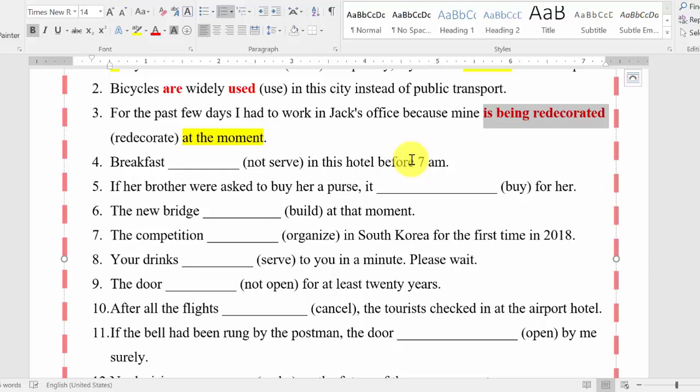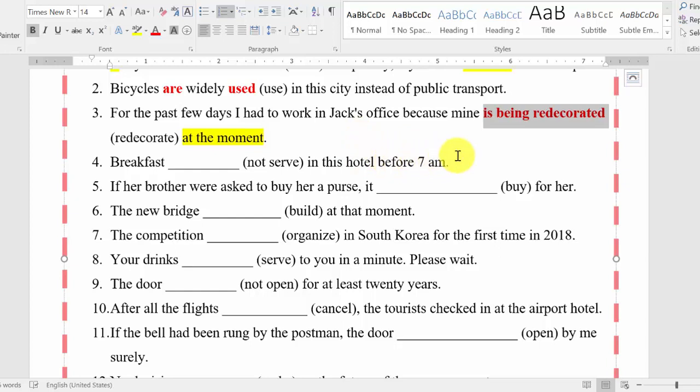So it is actually talking about a rule that will happen every day, because this hotel will not serve breakfast before 7 a.m. It is a rule that they have fixed for their hotel. So this question should be what tense? It should be simple present tense, not any other perfect tenses.